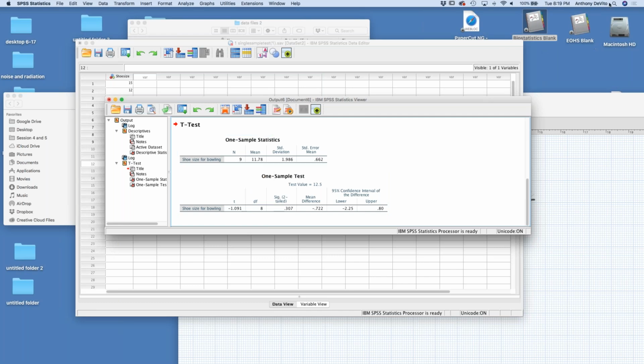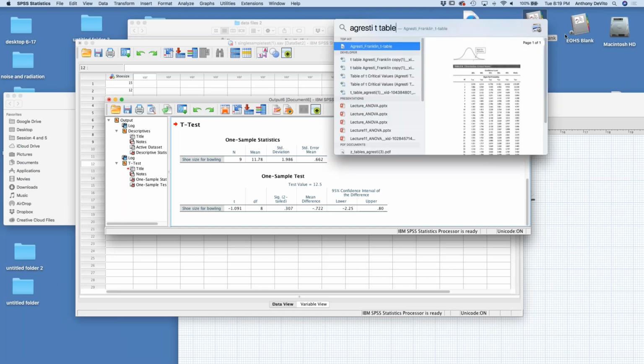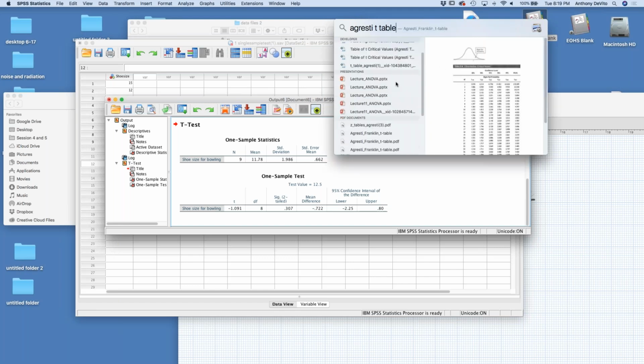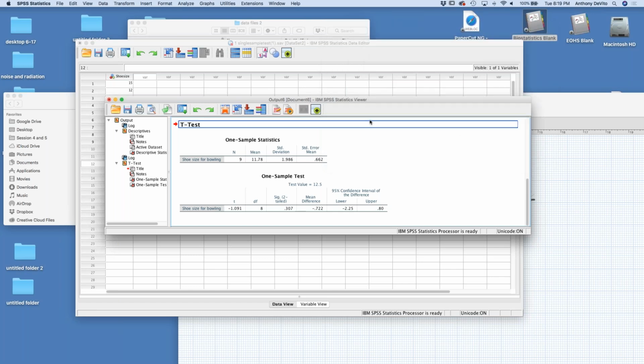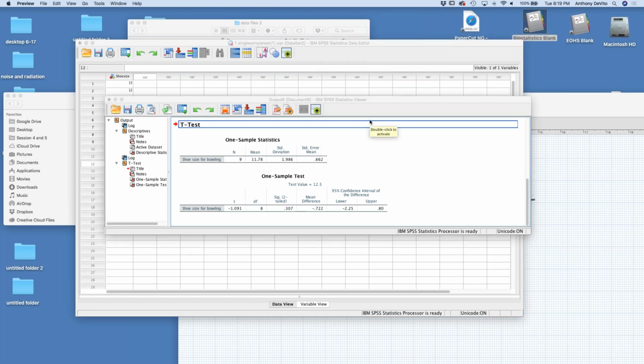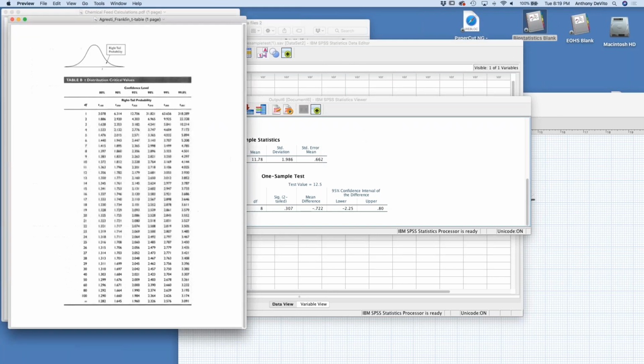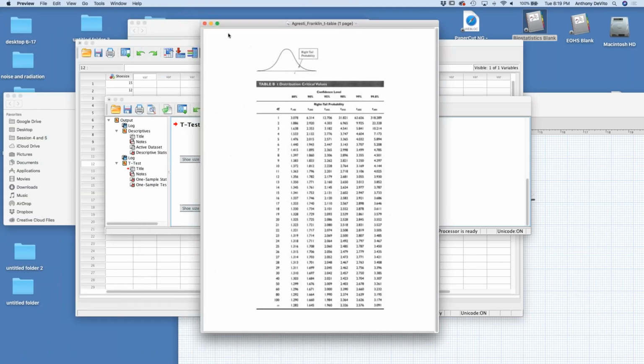So I could actually, right now, look up the t-table and see what the value of t, how many standard errors apart that I would need these to be to reject the null hypothesis. So for 8 degrees of freedom, I'll blow this up just a little bit.